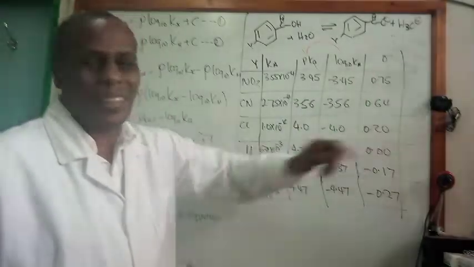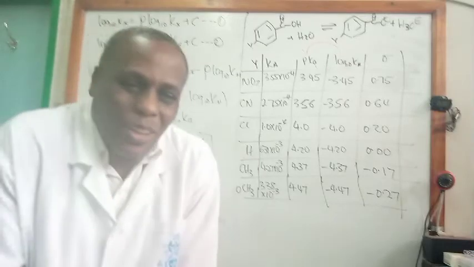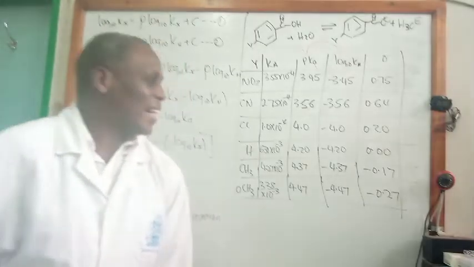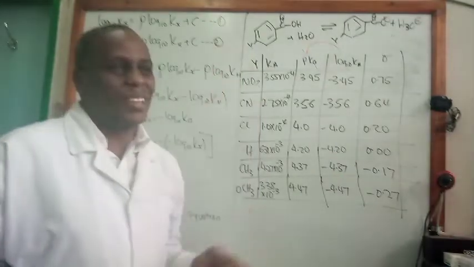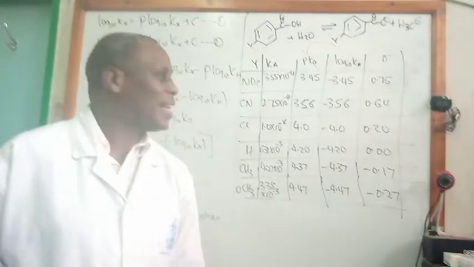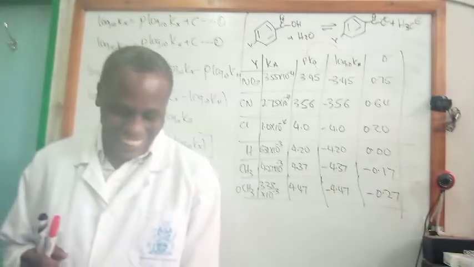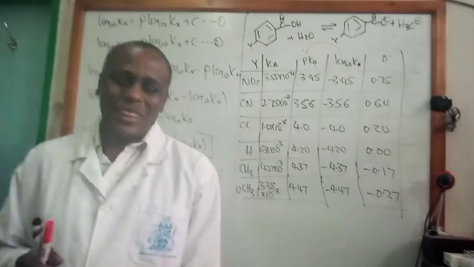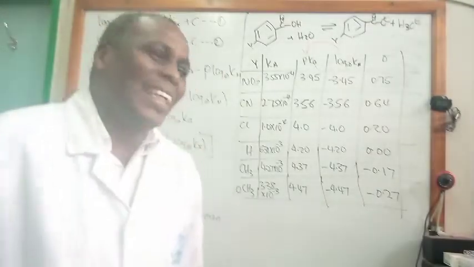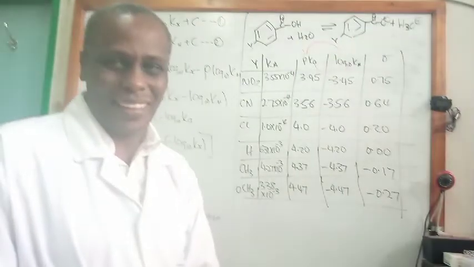So this positive and negative figure tells you something about the electron density around the reaction center. What I'm saying is that the Hammett equation is not just about plotting some figures here.